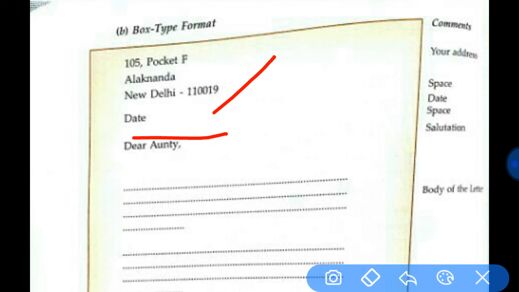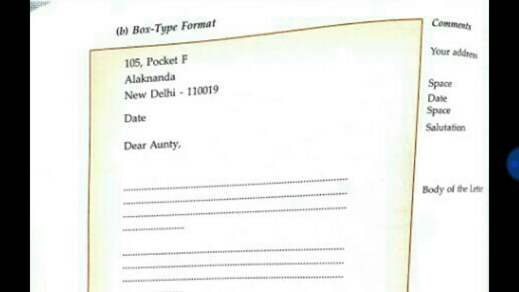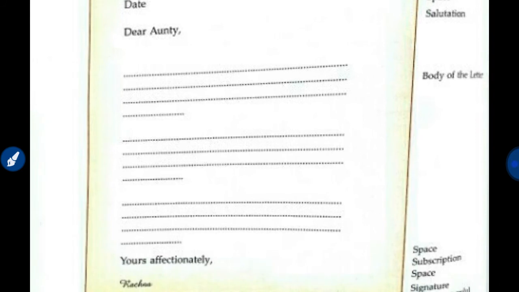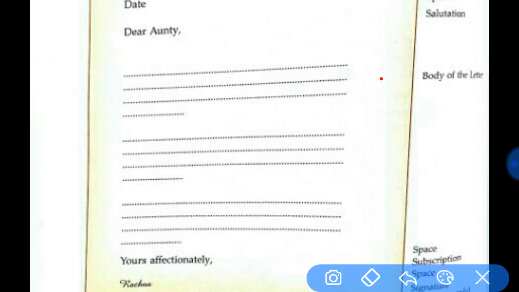Then we have got the addressing, the salutation, and then we have the body of the letter divided into minimum 3 paragraphs. Don't write the whole thing into one single paragraph. Then at the end we have yours affectionately and your first name. Remember, do not use your full name in personal letter. In personal letter, we only use the first name.